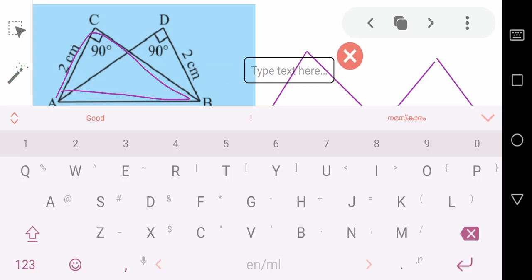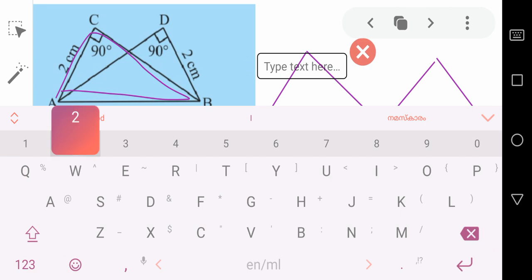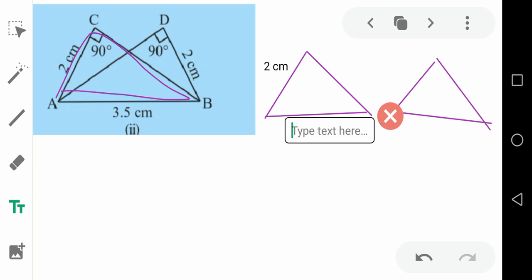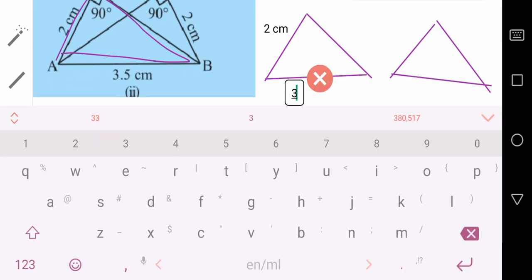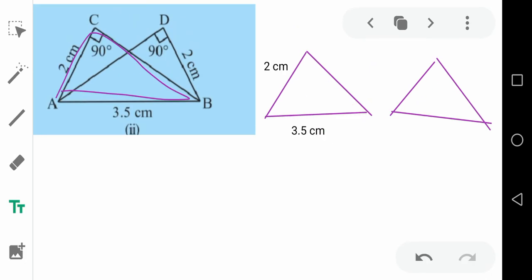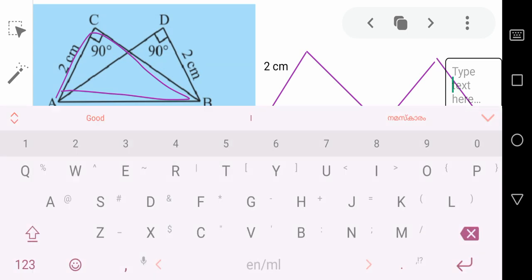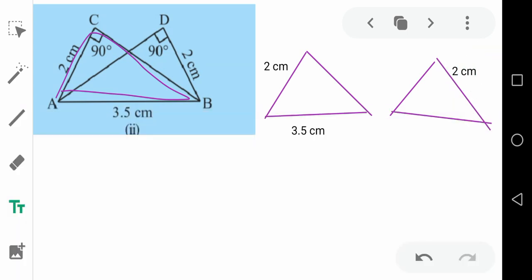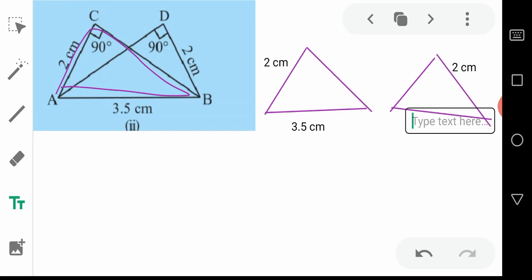This is 2 centimeter. 2 centimeter. Then what is this? Just 3.5 centimeter, right? So write the 3.5 centimeter here. 3.5 centimeter. Okay. Then coming to the second triangle, this is 2 centimeter, right? Okay. So we'll write 2 centimeter here. 2 centimeter. Okay, then this is 3.5 centimeter.